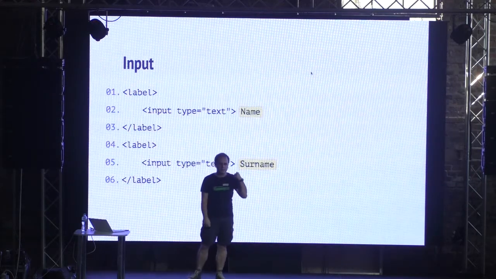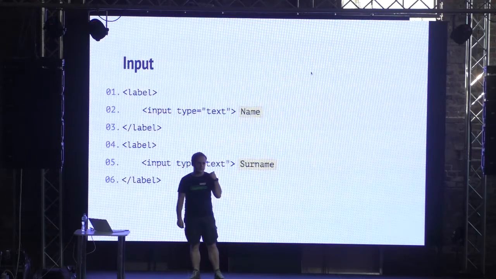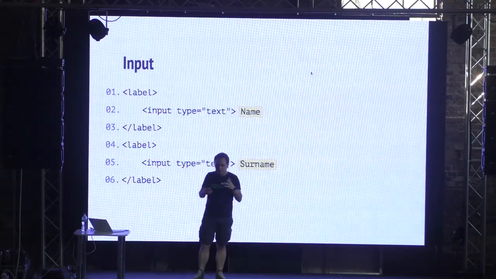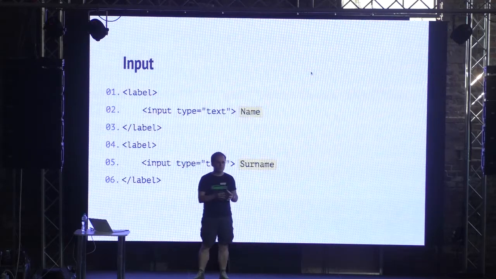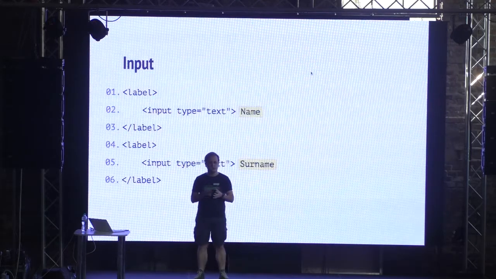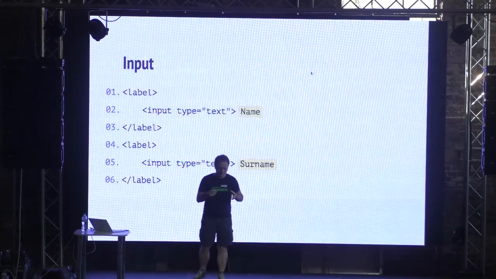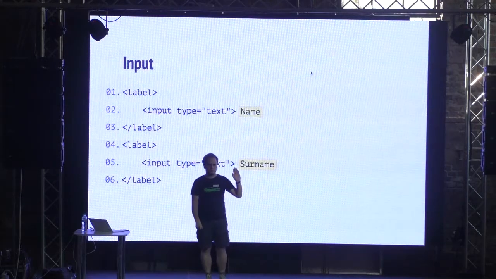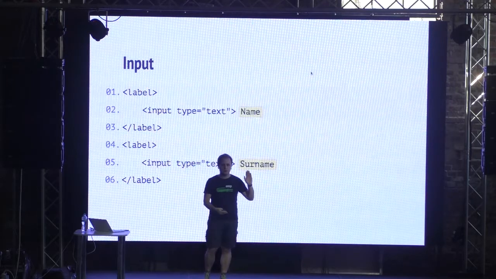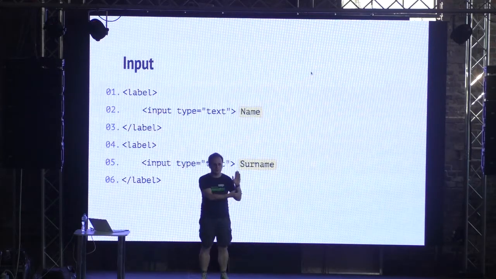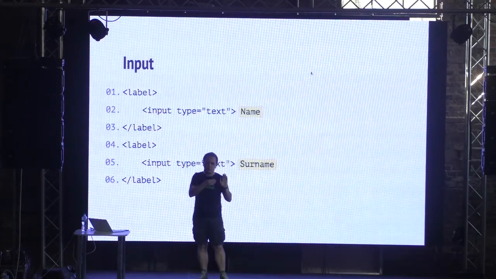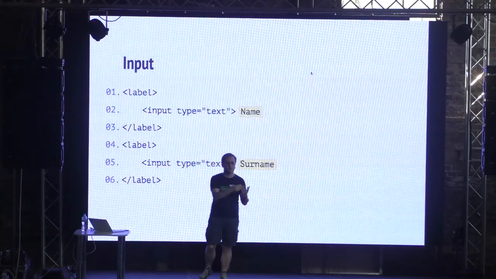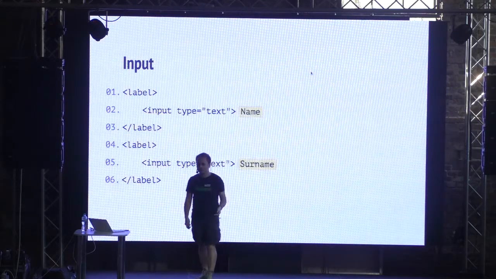You don't have to mess with IDs and fors. So there should always be a label for an interactive element. This is very important, because if someone tells you this is an interactive element, interact with it, interact with it to do what? To achieve what? There should always be a label telling you what to do and what will happen.